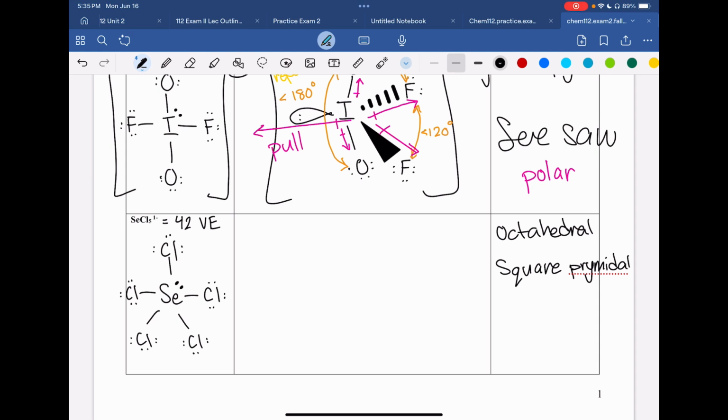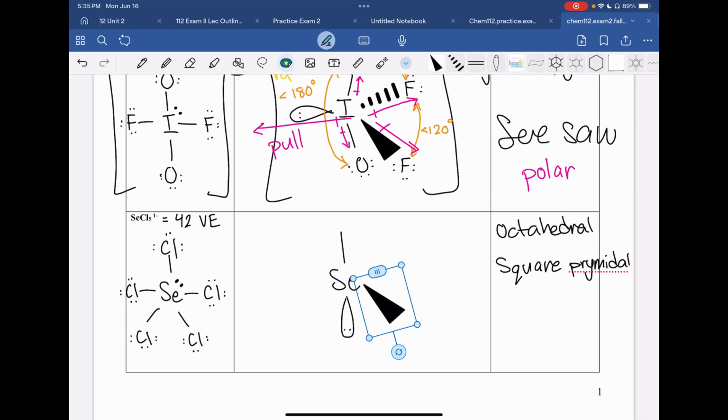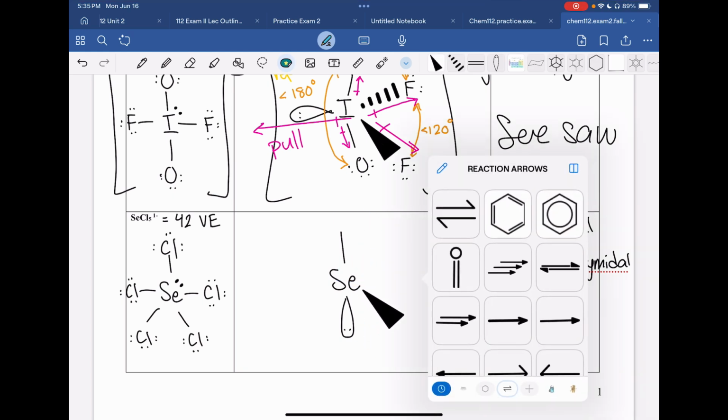So to draw a square pyramidal, it looks like this. I like to put my electron at the bottom. My handy dandy stickers, because I'm cool like that.